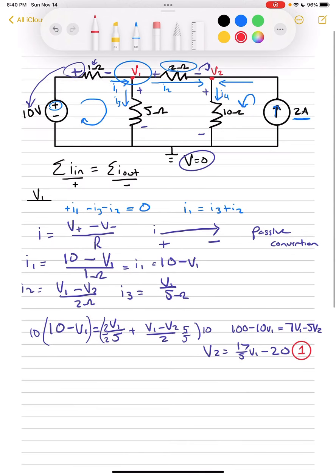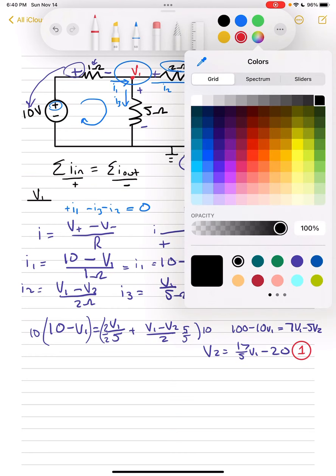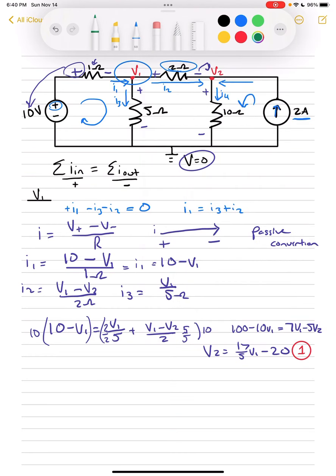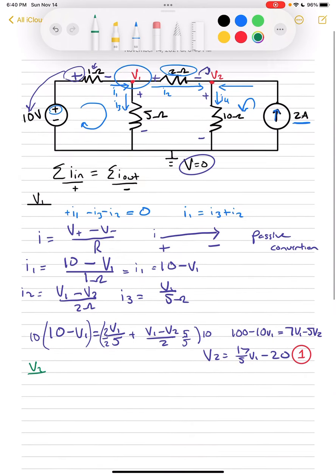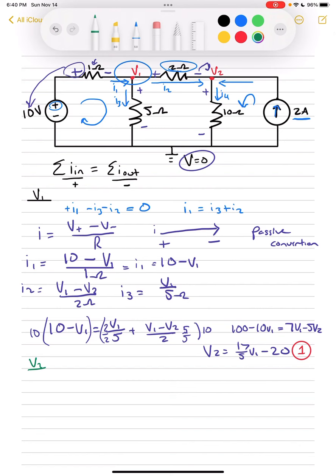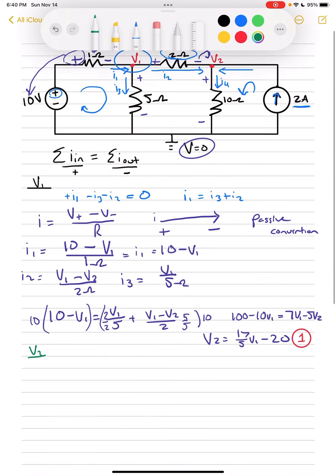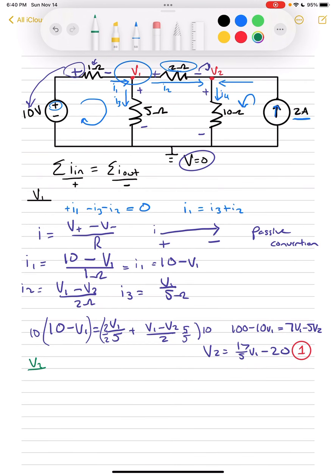But now we're going to do some nodal analysis at V2. So let's go back to V2. And first of all, we're going to look at the Kirchhoff law. We can see that at V2, we have I4 coming out and I2, and then this arrow right here is actually this 2 amps.